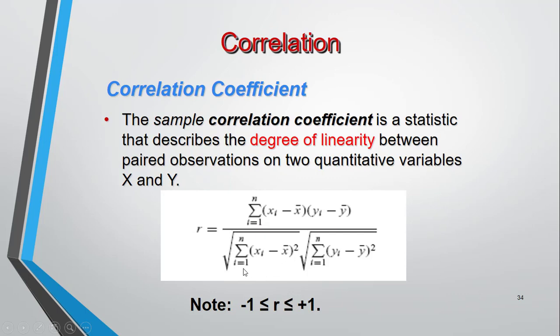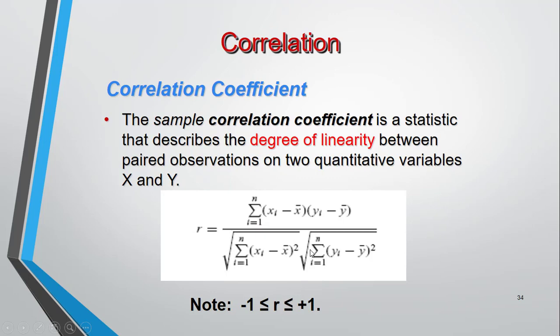In the denominator, you have two square roots. The first one is xi minus x bar squared, that means squared and summed. And the second is yi minus y bar squared and summed. You take the square roots of both of them and multiply. That's your denominator.